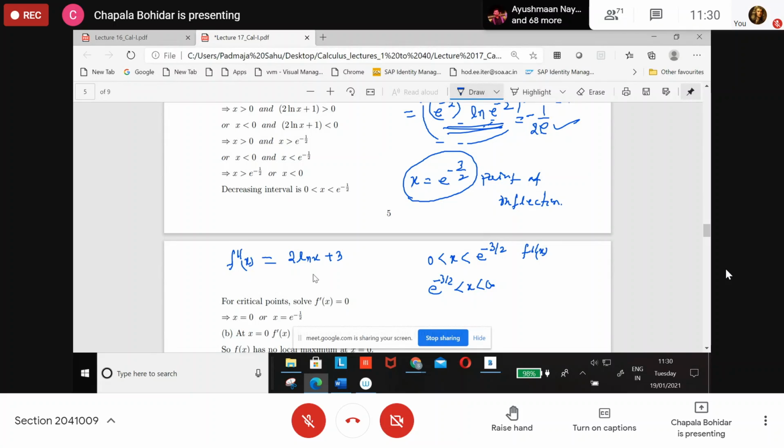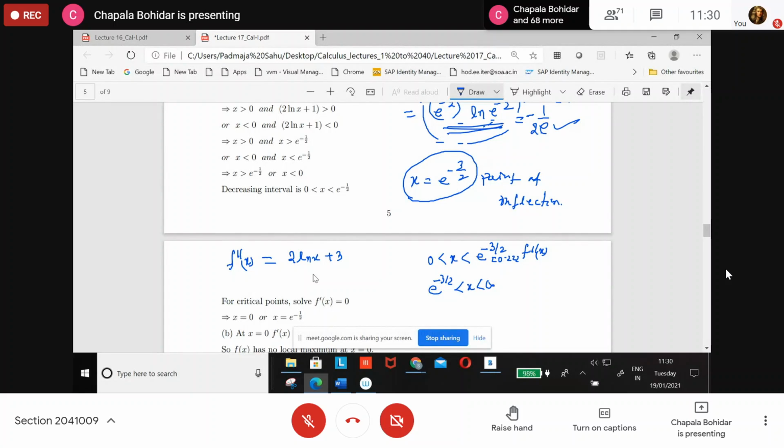So, e to the power minus 3 by 2, what is the value here? Tell me first. e to the power minus 3 by 2 is equal to 0.223. So in between 0 to 0.223, consider any point.